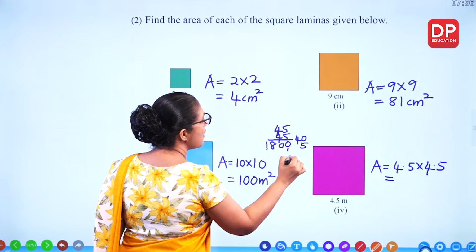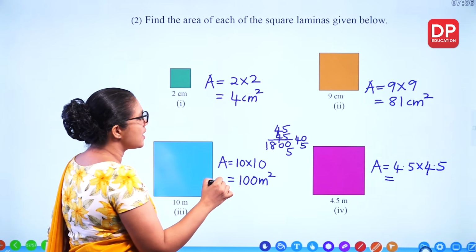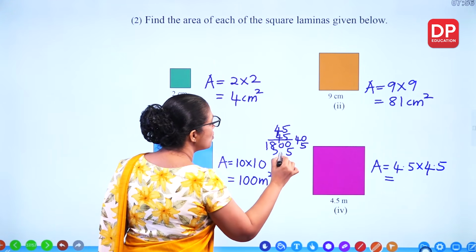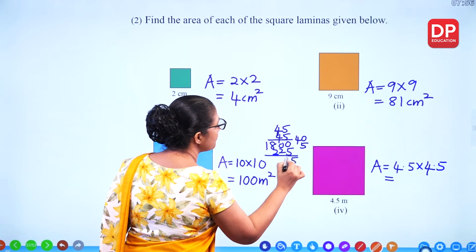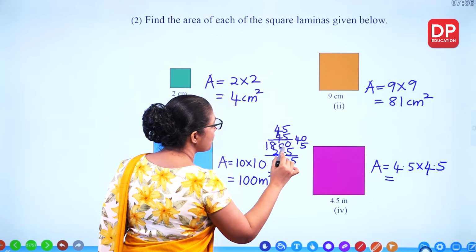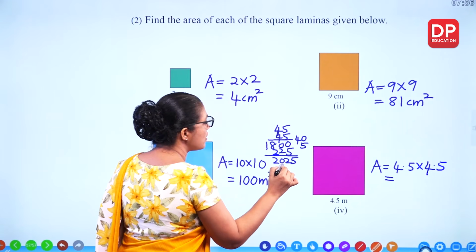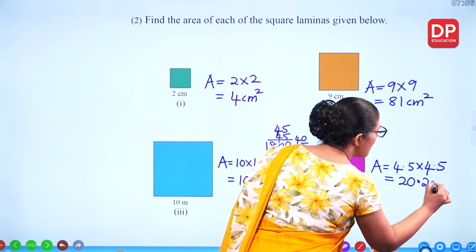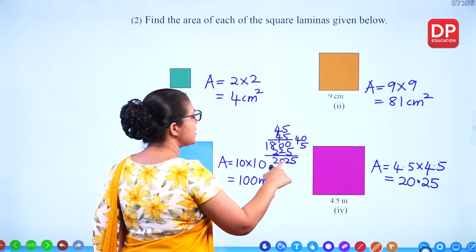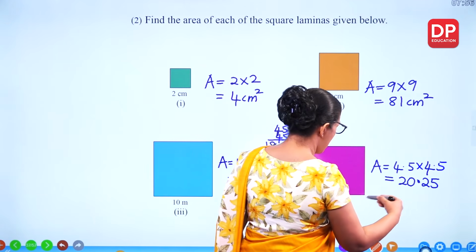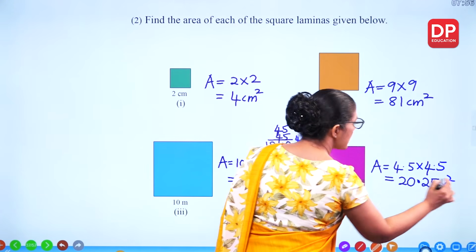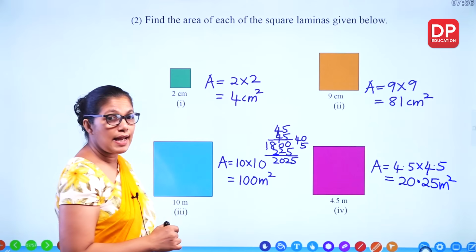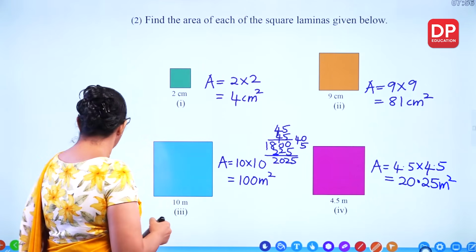And 5 times 5, 25. And 5 times 4, 20 plus 2, 22. You get 2025. But you have to keep 2 decimal places. So 20.25 square meters, because the unit is given in meters.